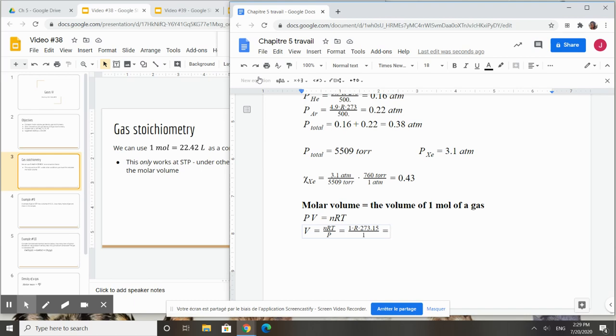If you put this in a calculator, you actually get 22.41 if you derive it this way, but 22.42 is the accepted value. But if you are not at STP, then you will need to derive the value, and whatever you get is what you use instead of 22.42.